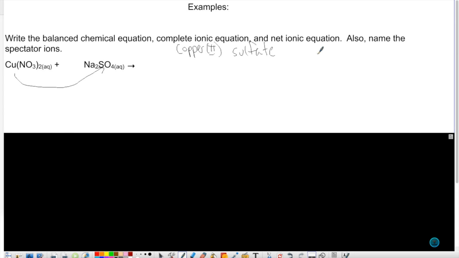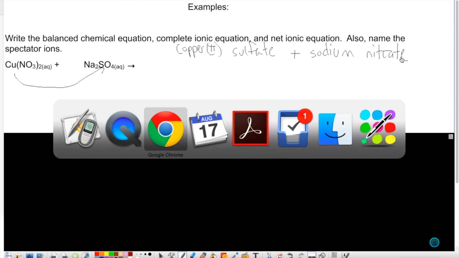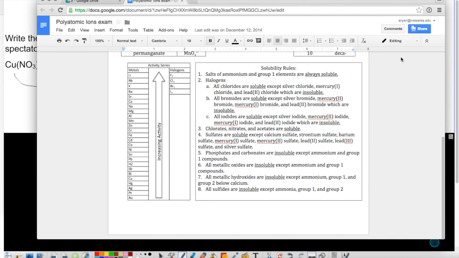And my other one is going to be sodium nitrate. All right, so now I'll go to the solubility rules and I'll look up sulfates. Okay, they're down here. Sulfates are soluble except calcium, strontium, barium, mercury 1, mercury 2, lead 2, lead 3, and silver.